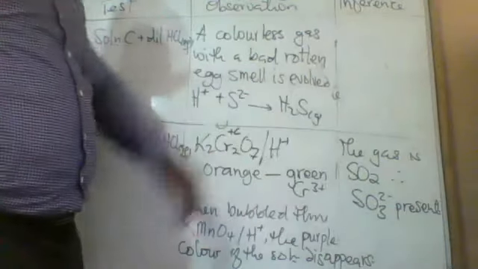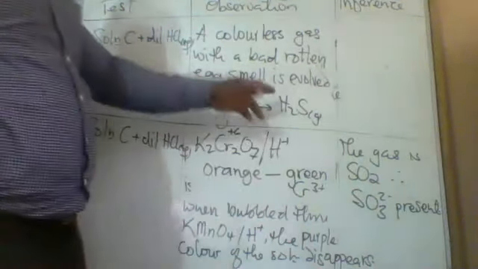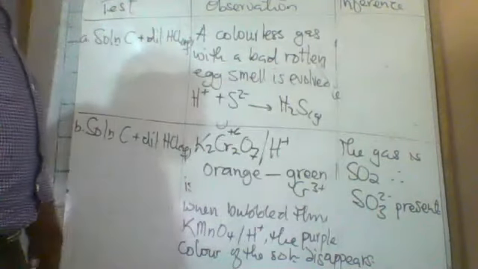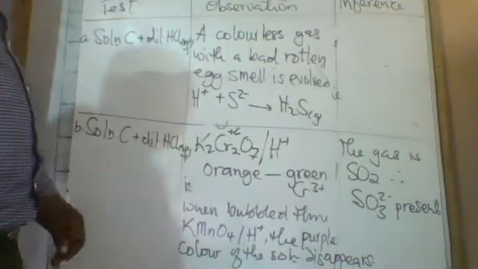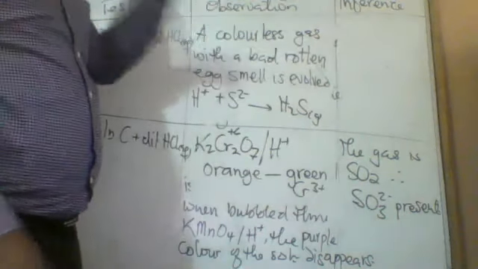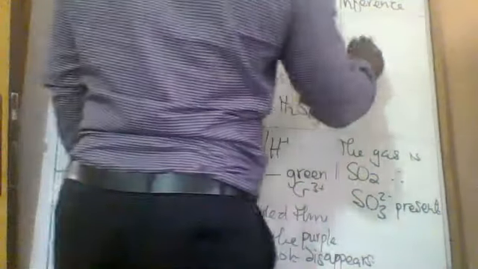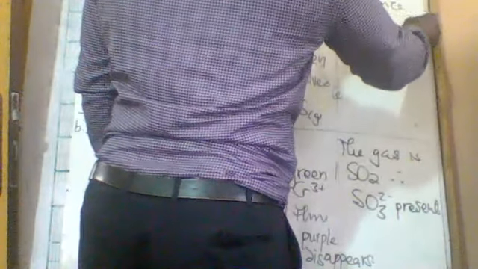And it's poisonous too. It is an acidic gas. It will turn blue litmus paper red. So immediately you perceive this bad rotten egg smell, it means that S2 minus is present. In fact, the gas is H2S.